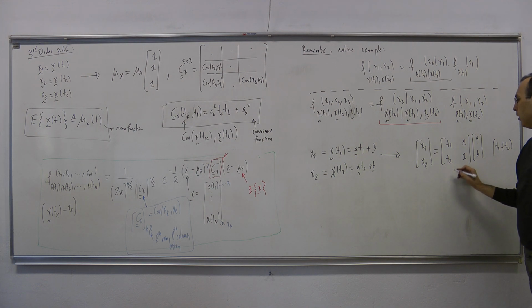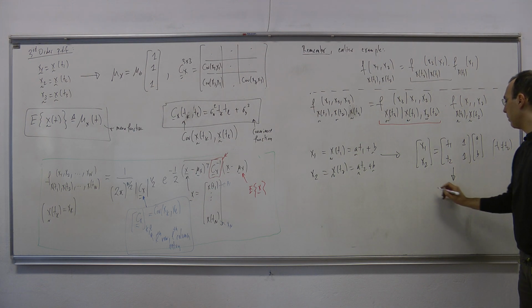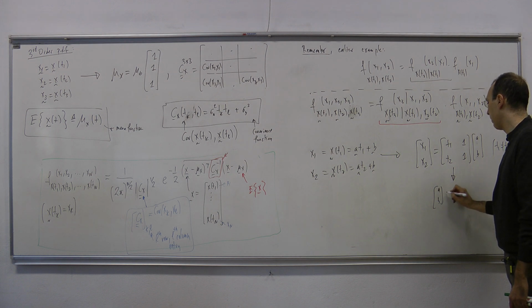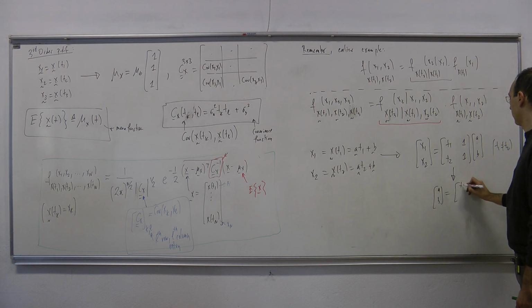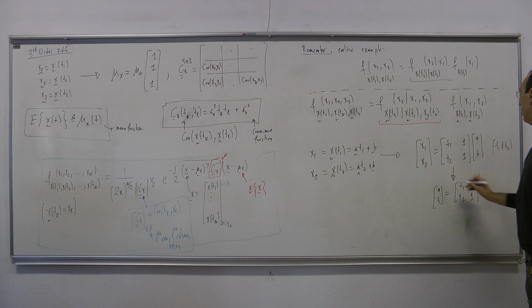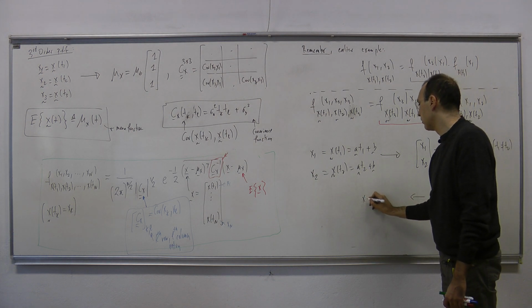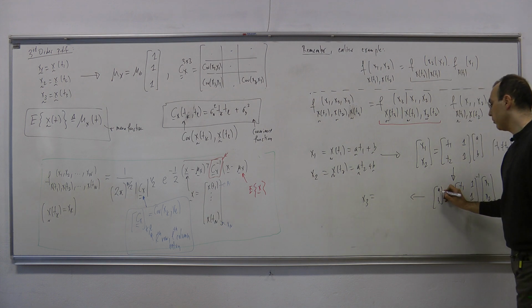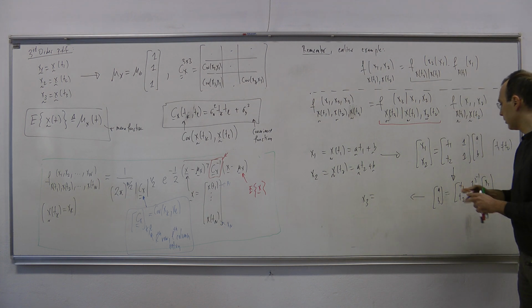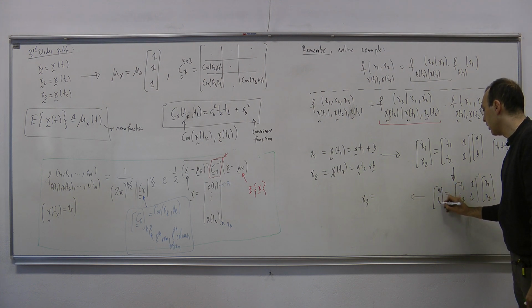So what else? Now, if I can solve for A and B, now I know the value of A and B. This matrix is known. X1, X2 is known. Now how about X3? Now let me say that these are my solution. Let me put some stars like this. A star, B star.